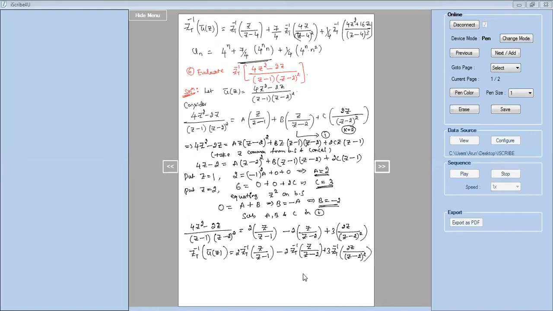So I'm taking inverse Z transformation of each of these. Now you know ZT inverse of U bar of Z is Un, so you get Un equals.